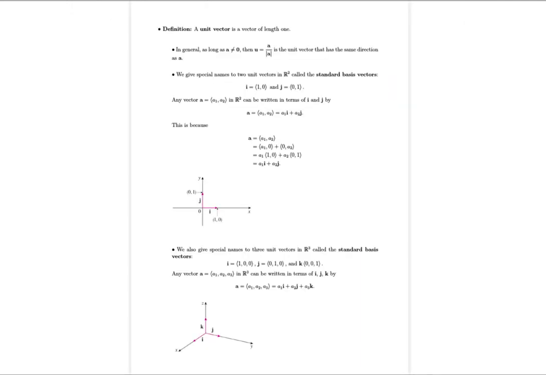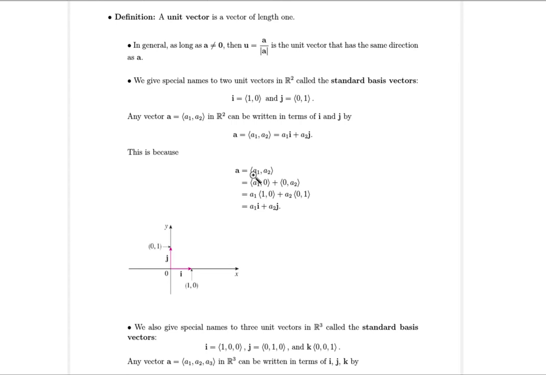Now, one of the things that we are going to care about when it comes to vectors is having a unit vector, a vector that has a unit length, or a length of 1. Anytime you want to make a unit vector out of any vector that you are already working with, you can just simply divide it by its magnitude.